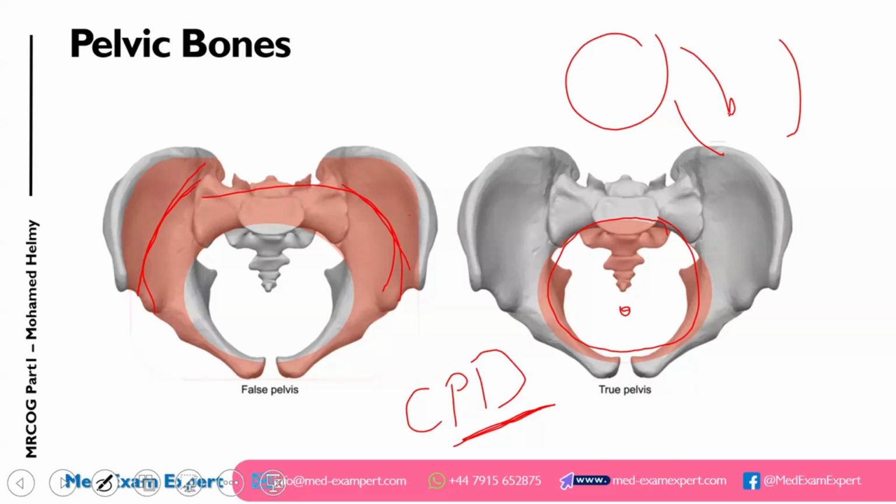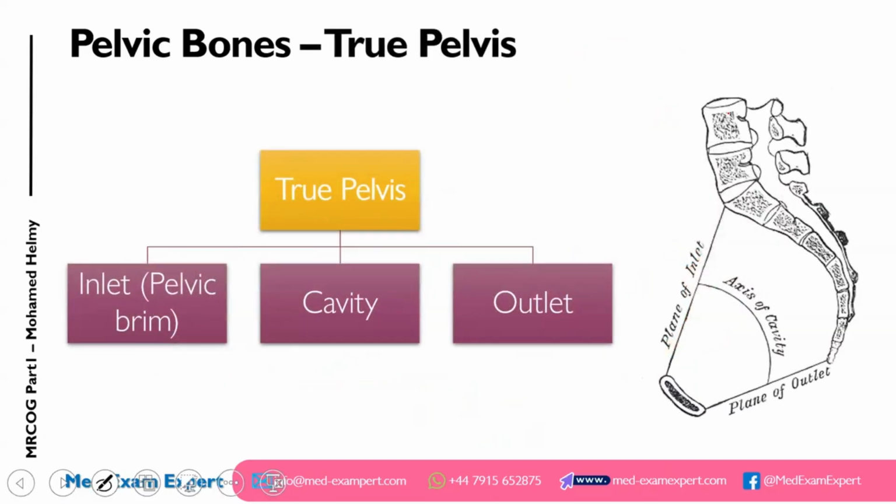So, of course, this comes by good experience plus applying what we call the partogram during delivery, where you examine the patient and you see the progress and the descent of the fetal head and see if there is need of intervention or not. Anyway, let's start talking about each part of the true pelvis. As I told you, we have three parts: the inlet, the outlet, and in between we have the cavity. So we have inlet, outlet, and cavity.